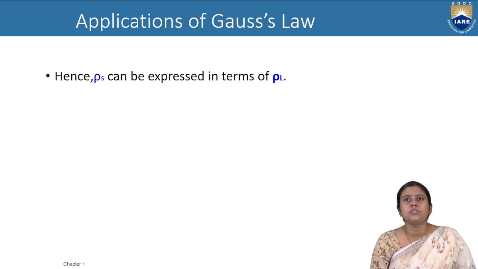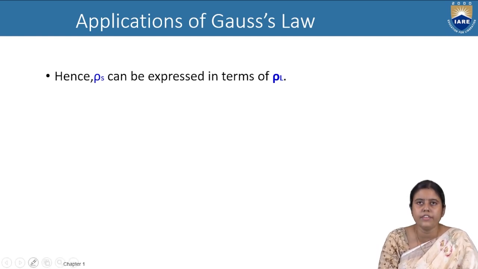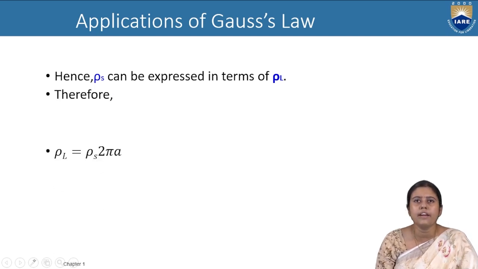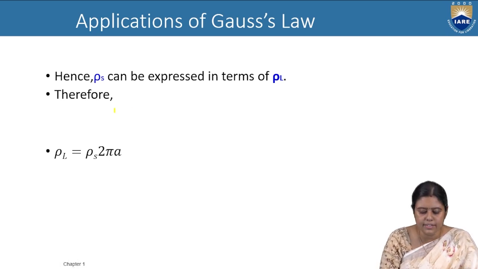Hence rho S, already we have discussed rho S. Rho S is the surface charge density, and it can be expressed in terms of rho L. How can we write this?